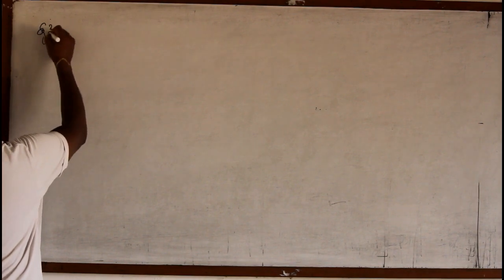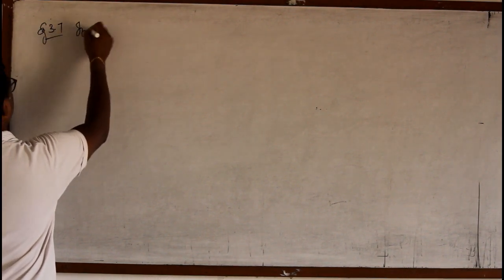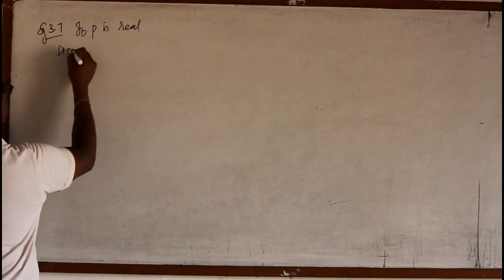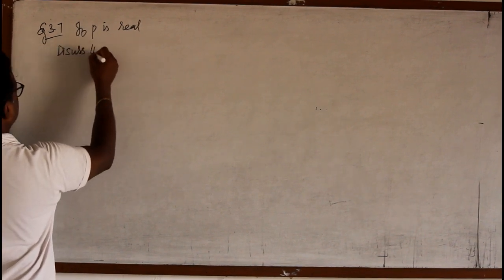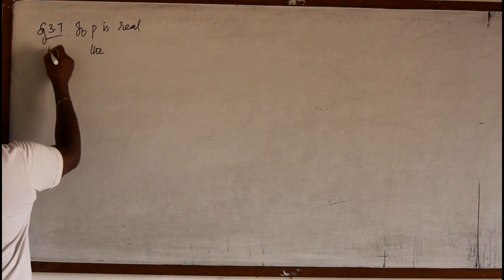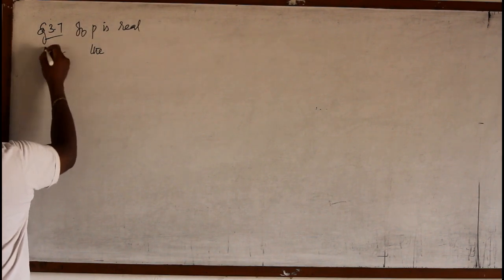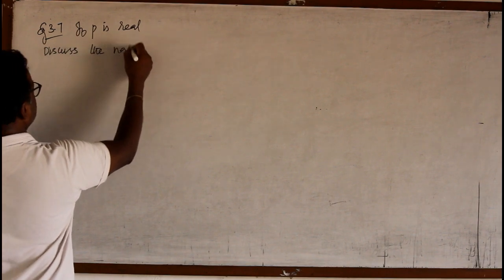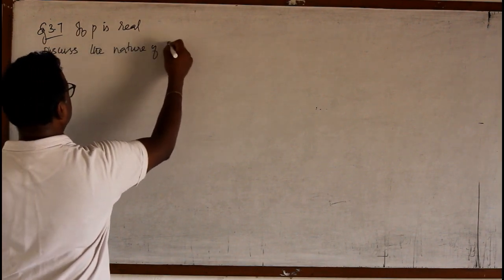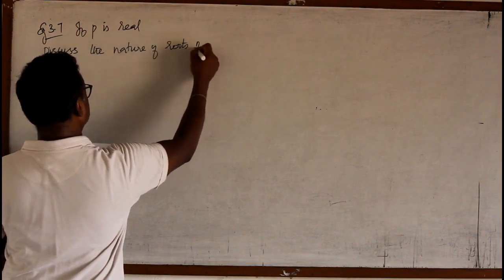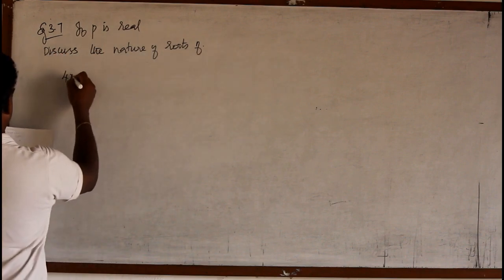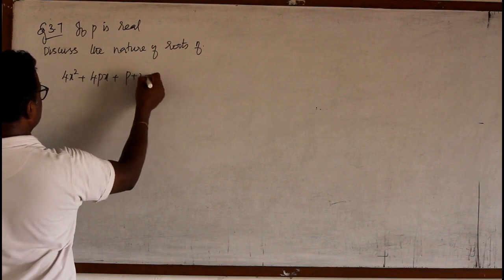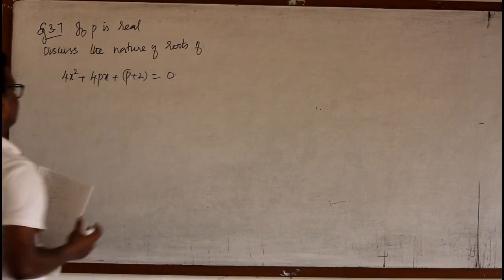Example 3.7. If p is real, discuss the nature of roots of 4x square plus 4px plus p plus 2 equal to 0.